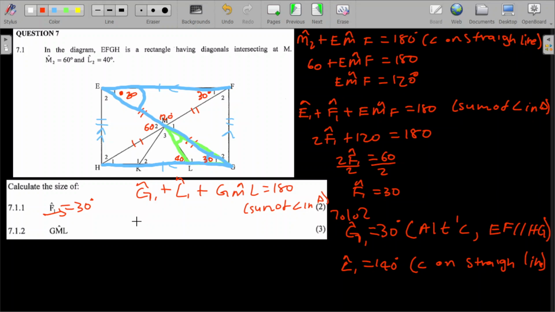So my G1 is 30 plus my L1, which is 140, and then plus this GML equals 180. So my GML is going to be equal to 10 degrees. If I take the other side, minus this 180, it's going to give me 10 degrees.